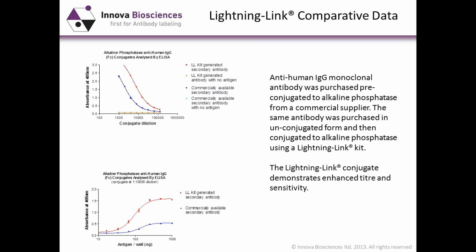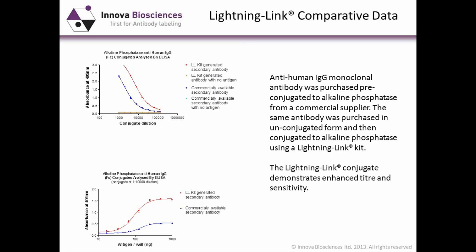If you look at the top slide, you can see that as we dilute out the alkaline phosphatase conjugate, the red line is the LightningLink generated antibody and the blue line is the commercially available conjugate. And you have much higher OD readings and therefore more sensitivity and the possibility to dilute the LightningLink conjugate further than the commercially available material.